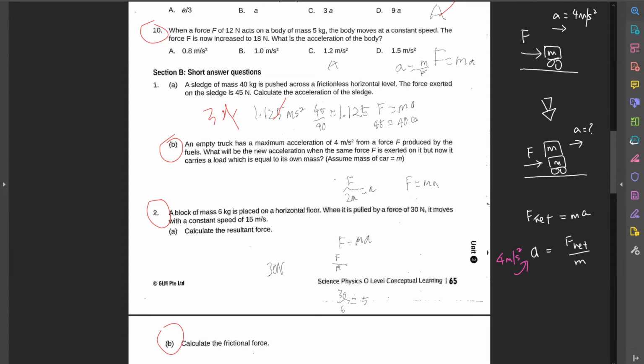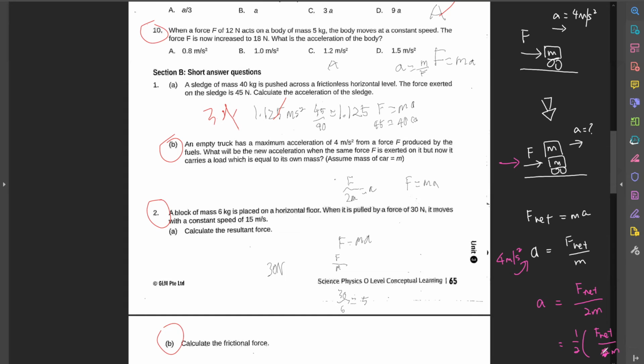Then case 2, in this case, the mass is now 2m. So I can take out the half and write F net over 2m.